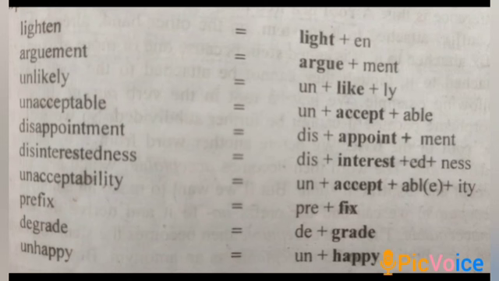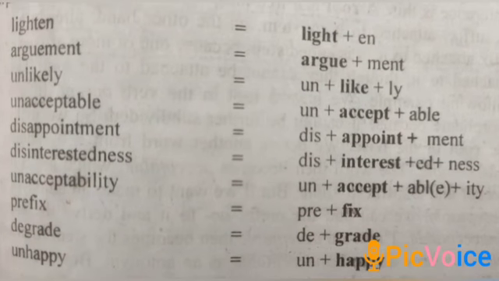The word degrade has grade as a free morpheme and de as a bound morpheme. Lastly, unhappy. Happy is a free morpheme and un is a bound morpheme.